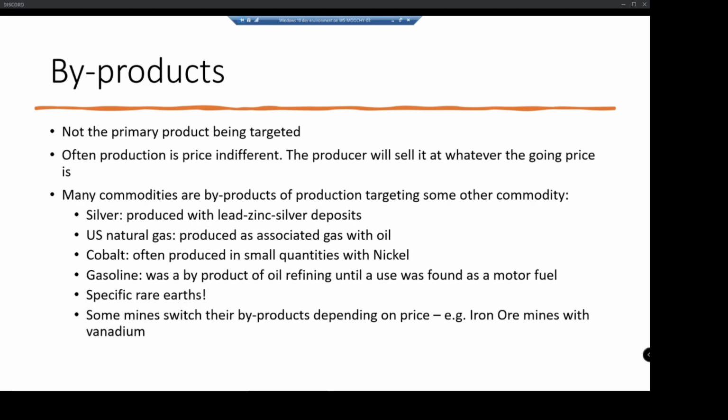So as the price of vanadium moves, and the price of iron ore is about $100 to $150, what they're targeting changes, because they're looking for the iron ore or the vanadium, whichever gives them the most profit. So you get this weird situation where sometimes a mine is an iron ore mine and sometimes it's a vanadium mine with iron ore byproducts. That's a really interesting situation.